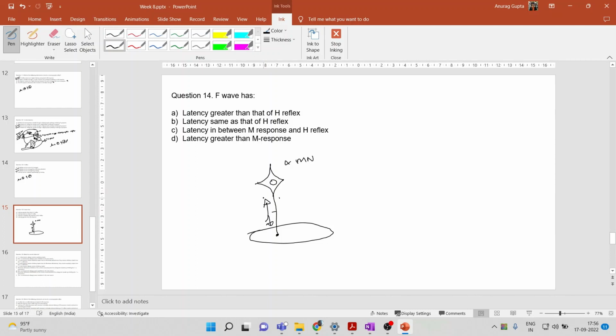The antidromic conduction of action potential can sometimes, due to peculiarities in the timing of the refractory period, again generate an action potential that travels down. This orthodromic action potential causes the F response.